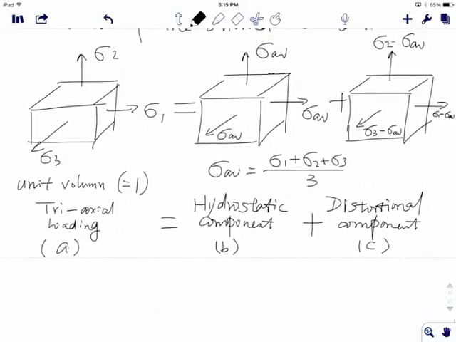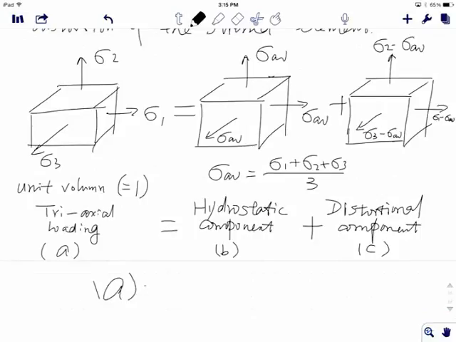Now I say A is nothing but B plus C. So I transfer the arbitrary loading in the 1, 2, 3 directions into 2 components. The first component is hydrostatic.